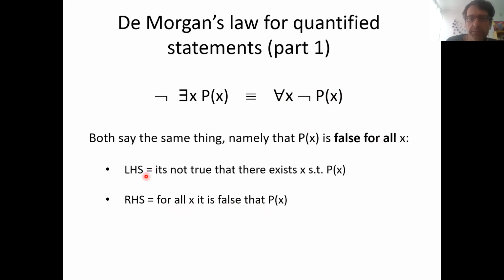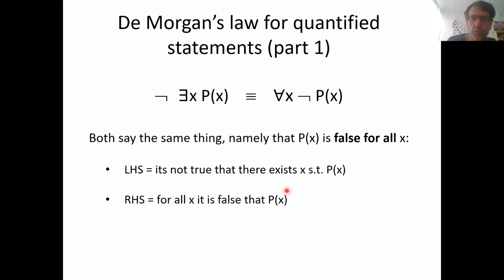The left-hand side says the same thing, because it says it is not true that there exists an X which satisfies P of X. If there isn't a way to satisfy P of X, then P of X is always false, right?